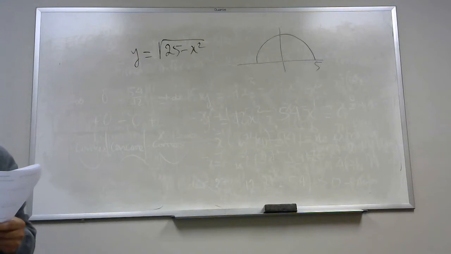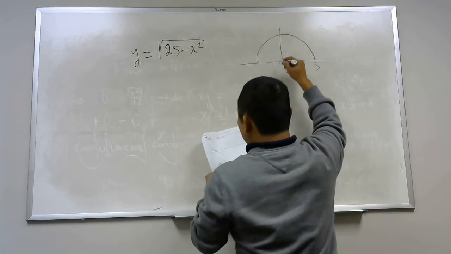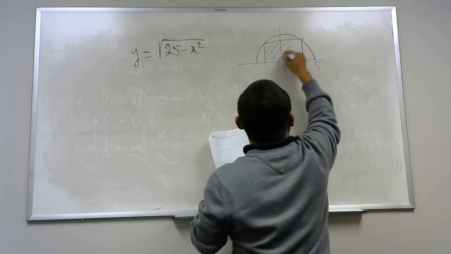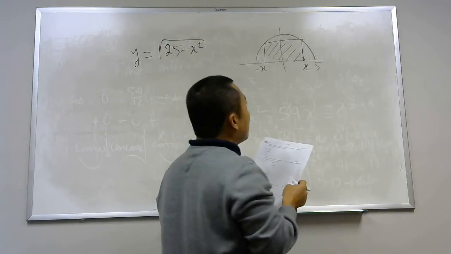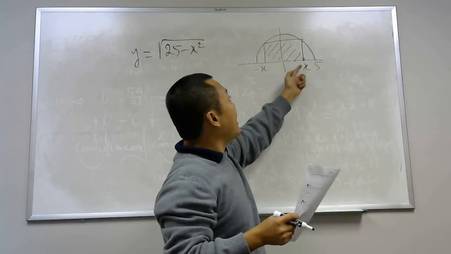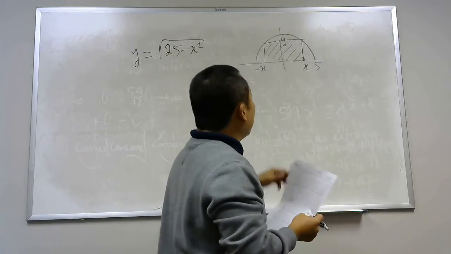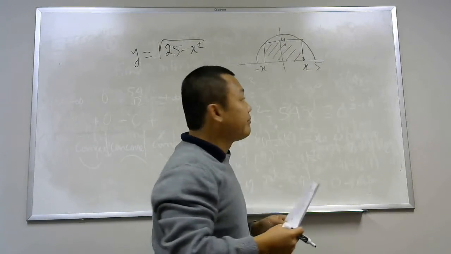What length and width should the rectangle have so that its area is maximum? So we consider all rectangles in here, right? So for example, this is x, this is negative x. So when you move x, you have different rectangles, and they ask us to find x, and y is y, so that the area of the rectangle is maximum.